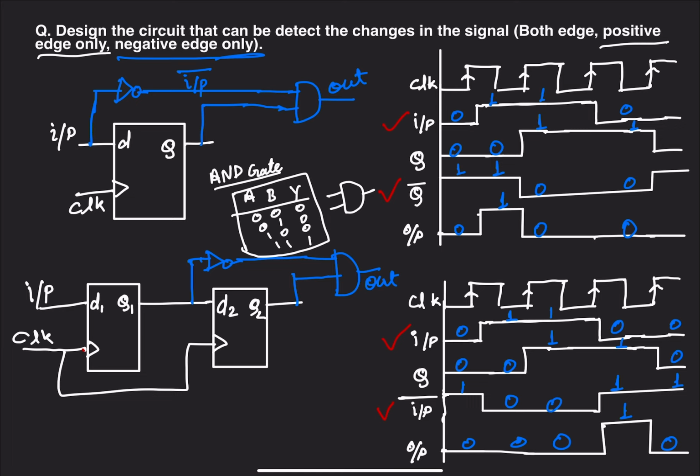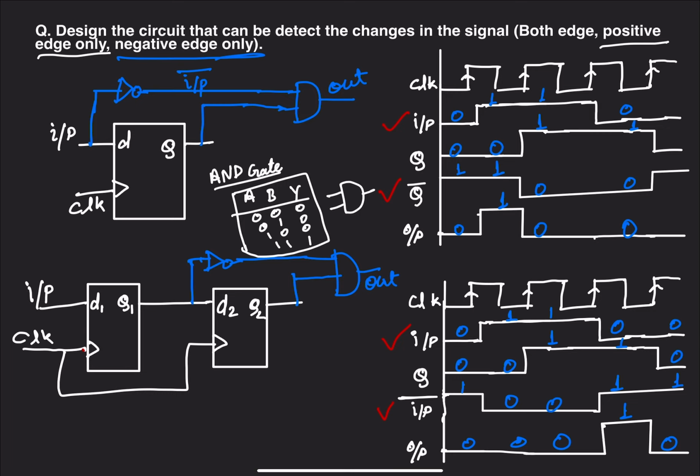So this circuit is for when the input is not synchronized with the clock, meaning the input does not come after the clock. So we use one D flip flop that will synchronize our input with the clock. You can see in the previous video I explained it very well.